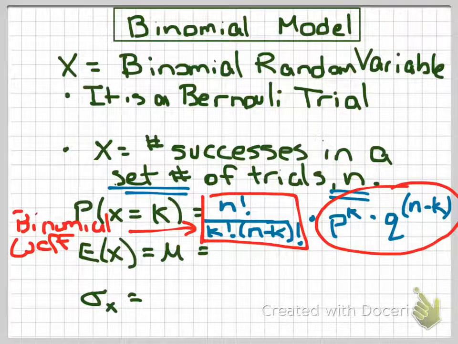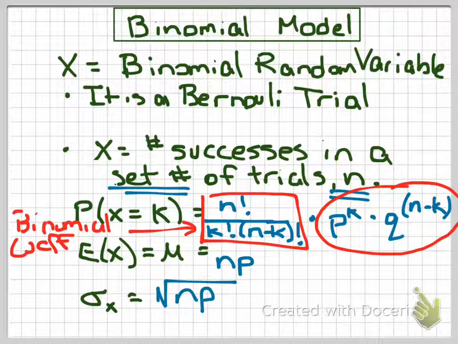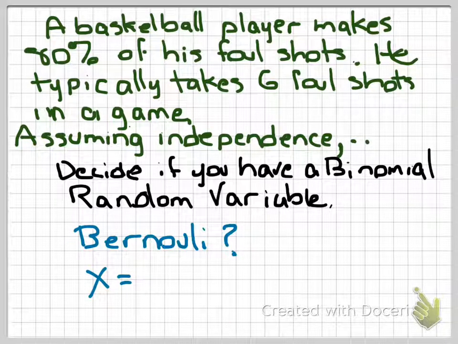The other formulas that we need are the formulas for mean, which is very easy for this one. Oops, let me go back to the blue. And this is just NP, and the standard deviation is the square root of NPQ. Okay, so let's take a look at an example. A basketball player makes 80% of his foul shots.